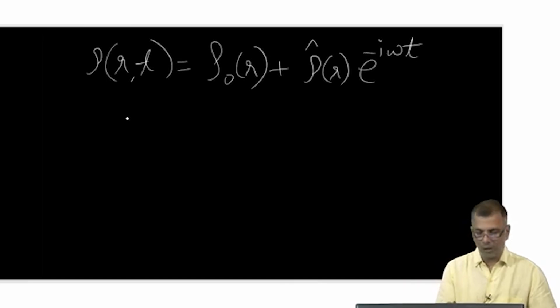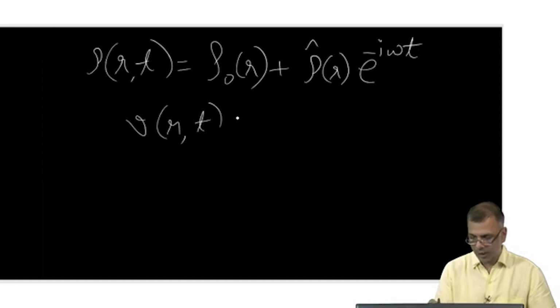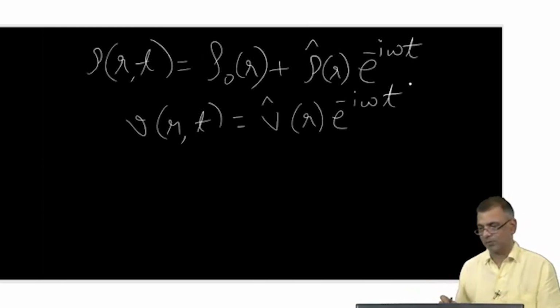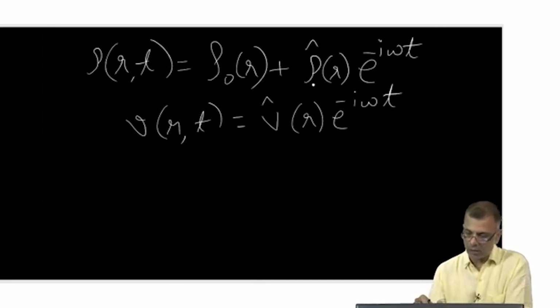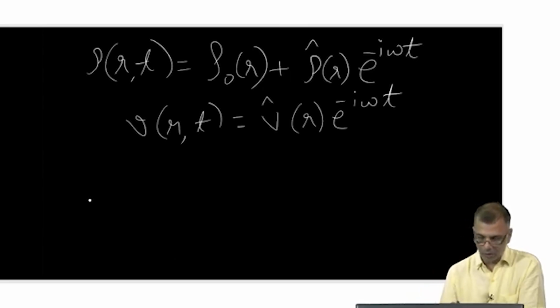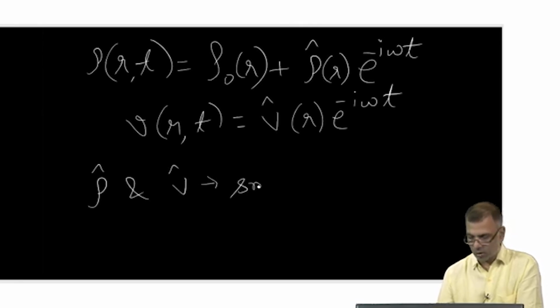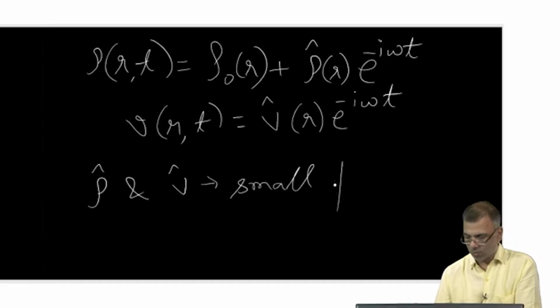The density and the velocity are also a function of the radius and of time, and we assume that there is a very small velocity which is a function of r, and it is a function of time through this. This is the assumption. So, what is the deal here? You have a background density and you have a perturbation. So, rho naught, this and this are small perturbations.